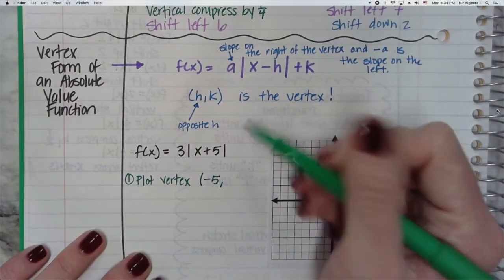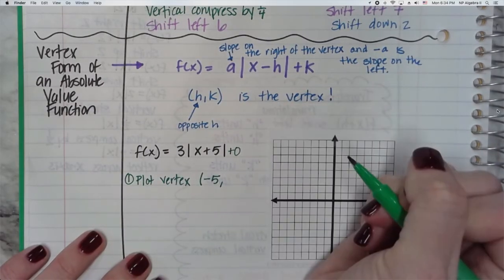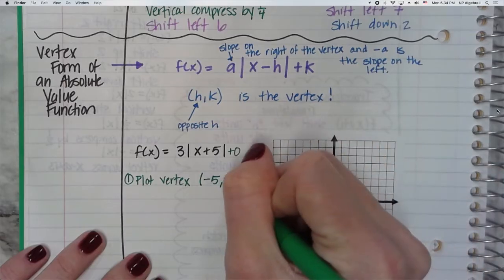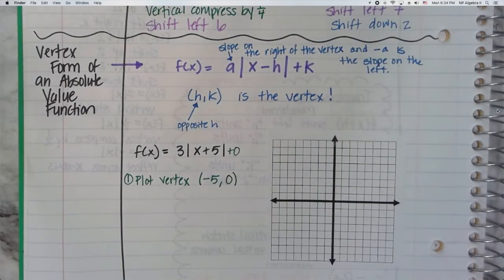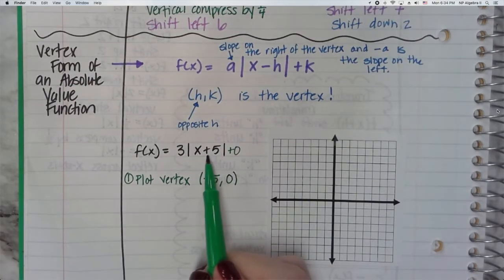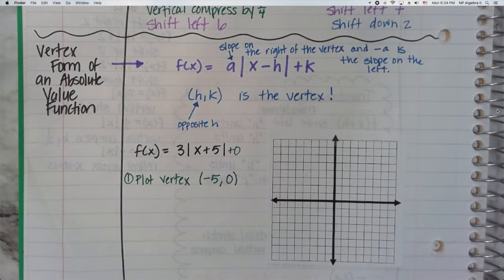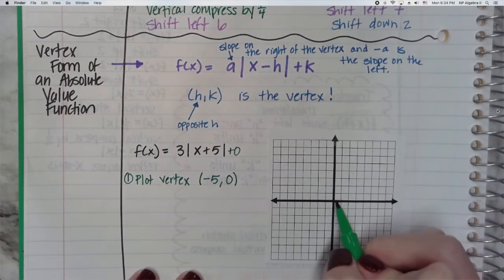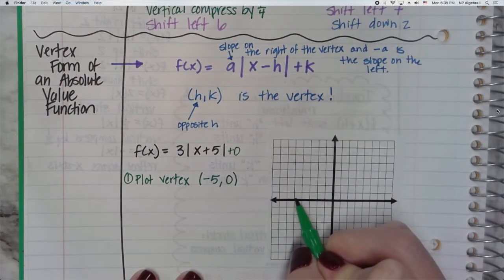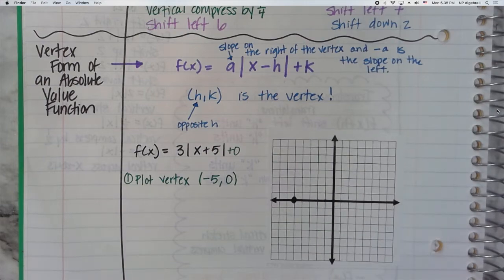There is no k value, so this could be the same as plus 0. And so anytime a k value is missing or an h value is missing, it's a 0. So plot the vertex, negative 5, comma, 0. So let's do that. Negative 5, 1, 2, 3, 4, 5, comma, 0, right there.